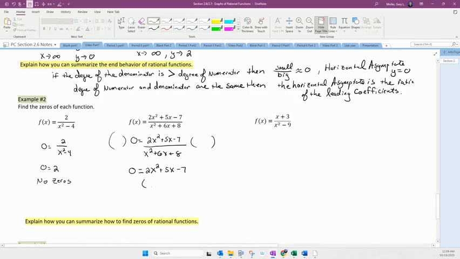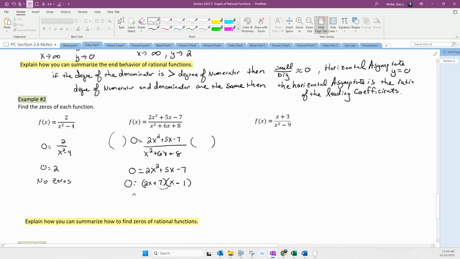I'm going to try to factor this and hope for the best. Okay, and I think we're in good shape. So 2x and x, 7 and 1, positive 7, negative 1. That gives me 7x here and negative 2x, which is positive 5x.